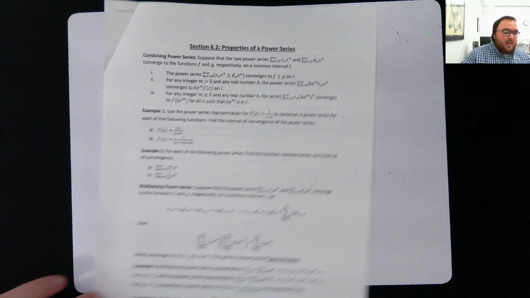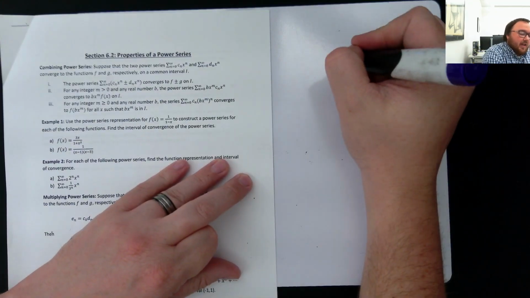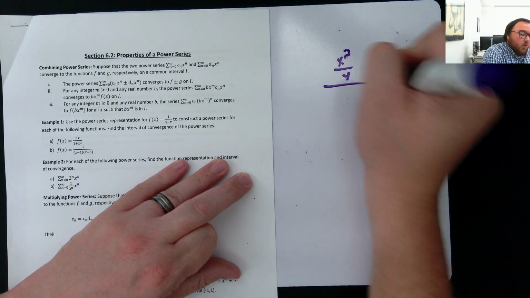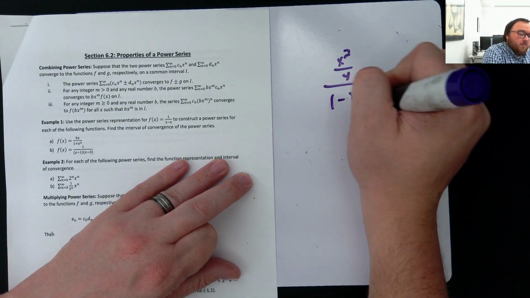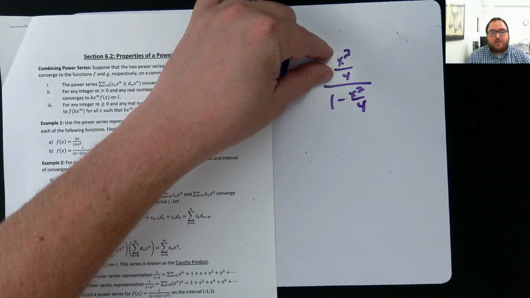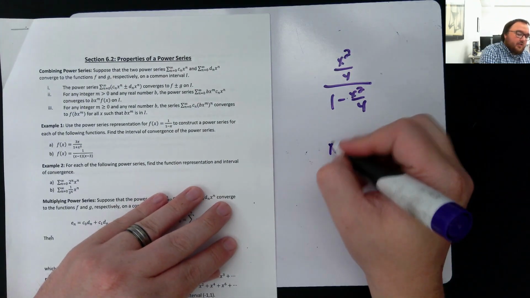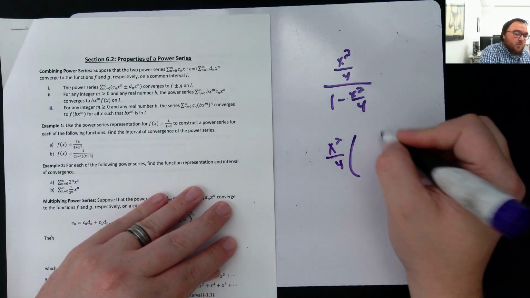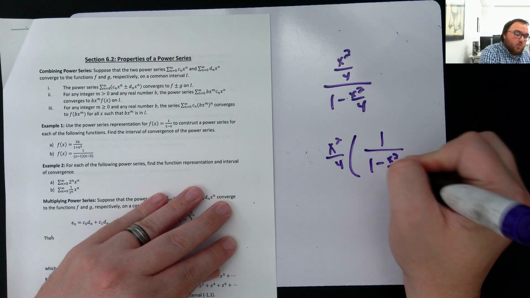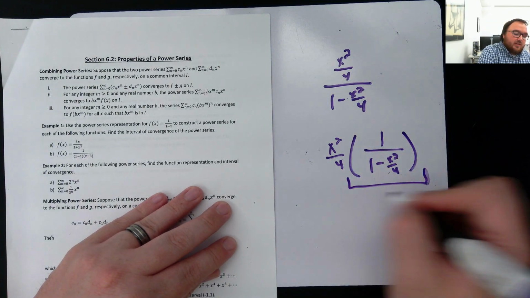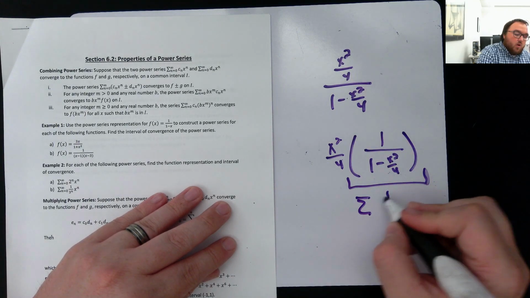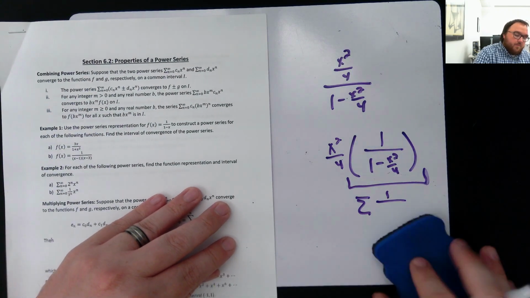notation. We did that whenever we had the example that was like x squared over 4, 1 minus x squared over 4. We just factored this out and made it x squared over 4 times 1 over 1 minus x squared over 4, because this, we said, was the sum of 1 over, just kidding.